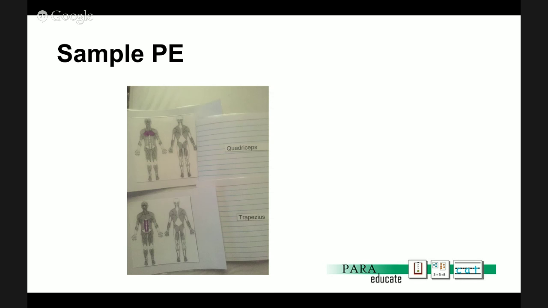So we created a slide deck of muscles and a flashcard deck, and the student could review them before the test. And that student was highly sought after by all the students in the class because they realized if they could pair up with that student, they could get review time over the muscles test that they had later that week.